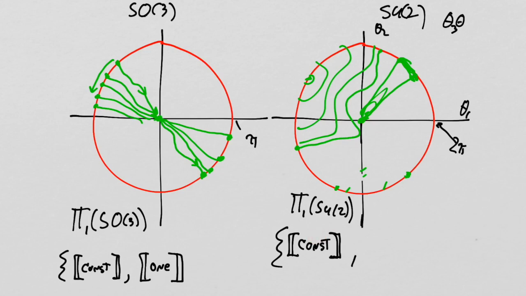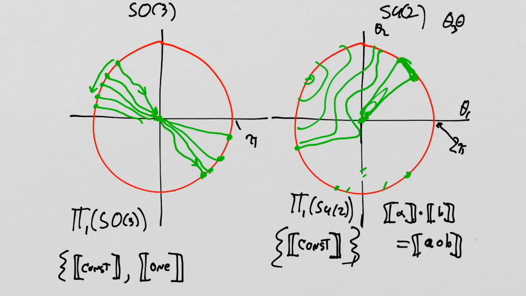And we can now close the fundamental group. So the fundamental group of SU2 has one element, and that's the equivalence class of all loops that are homotopic to the constant loop, and there's no other loops, right? And using the concatenation of loops, the way we did this is the equivalence class of a loop alpha, group operation, the equivalence class of a loop beta is equal to the equivalence class whose representative is the loop alpha followed by, or alpha following beta, right?